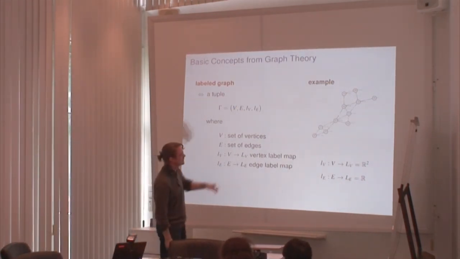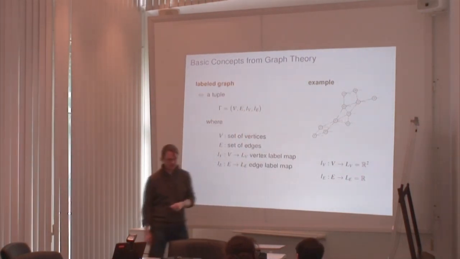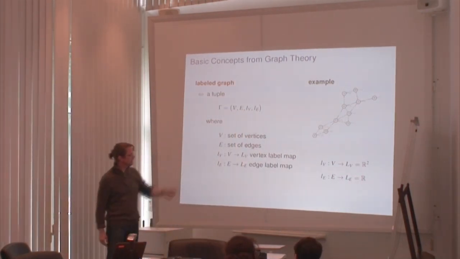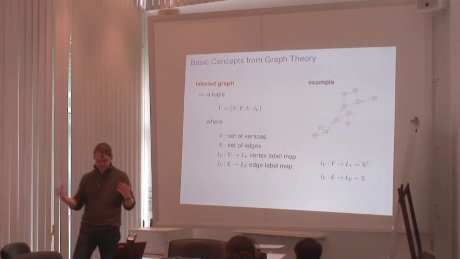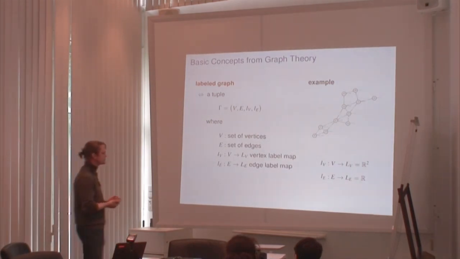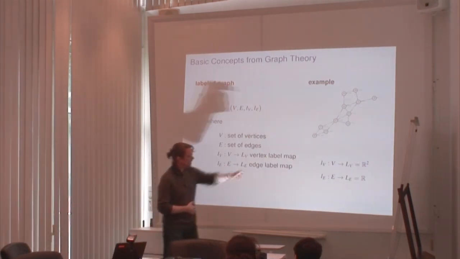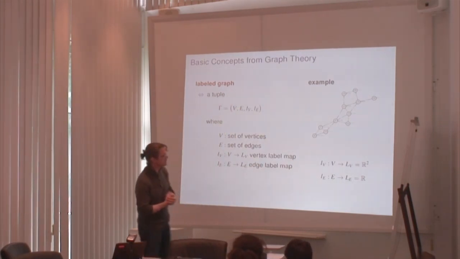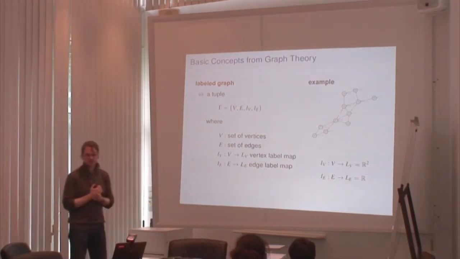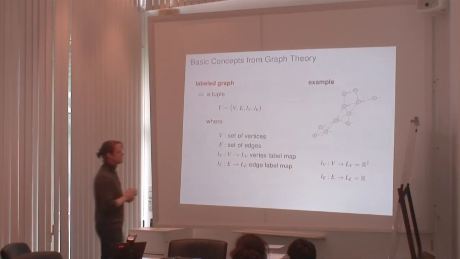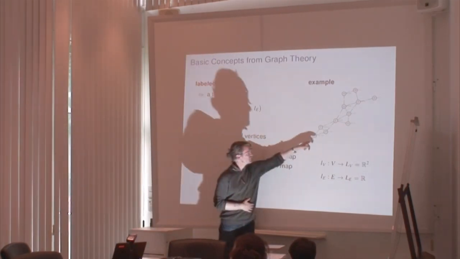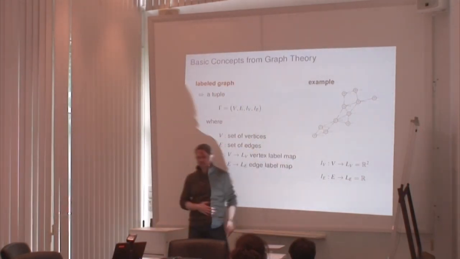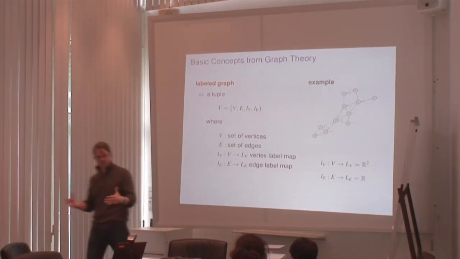Here, what I have done is created a function that maps vertices to labels and edges to labels. In particular, I have chosen the vertex labels to be two-dimensional vectors. Right? So every vertex in this example now carries a vector. This is the label of the vertex.